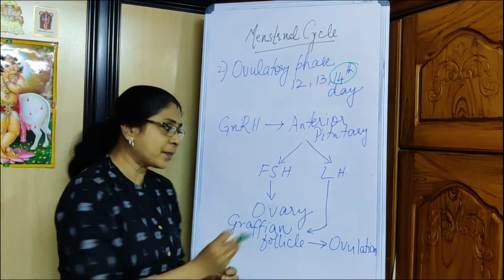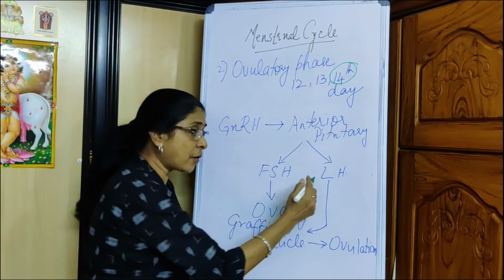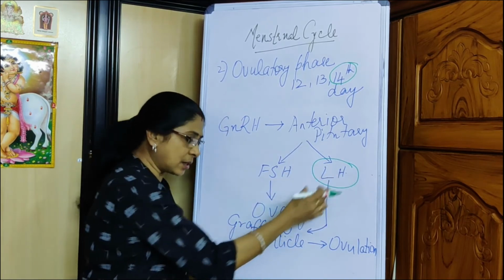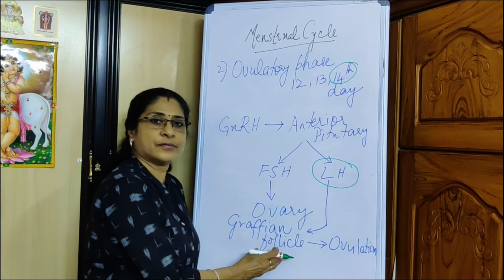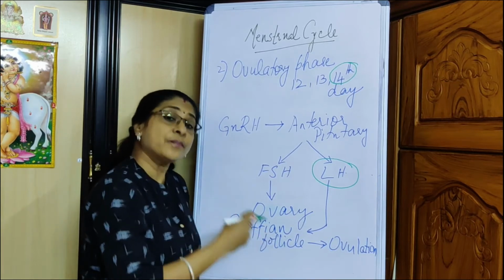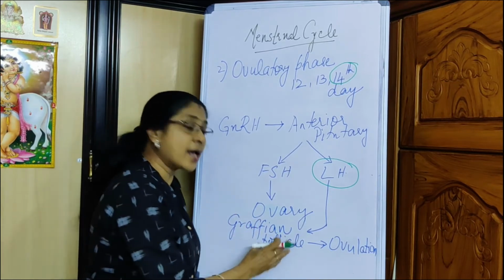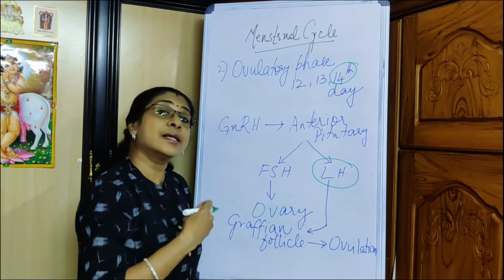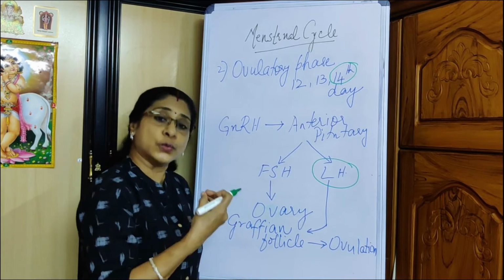And how does it happen? It happens because of the surge of the luteinizing hormone, and this surge influences the Graafian follicle to rupture. The process of rupture is known as ovulation, and ovulation results in the release of the secondary oocyte.